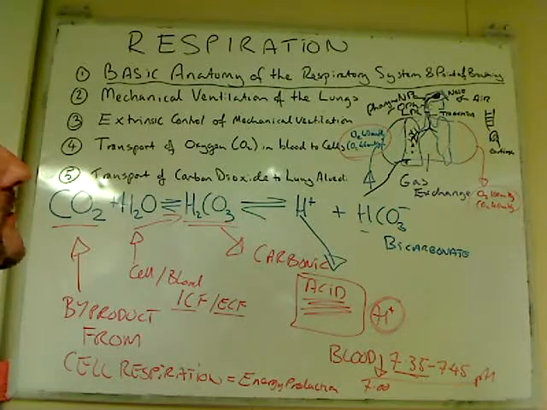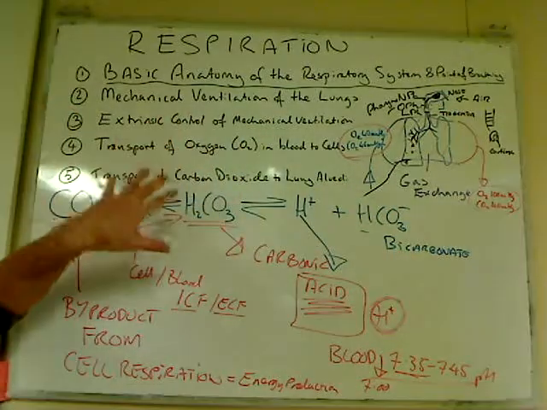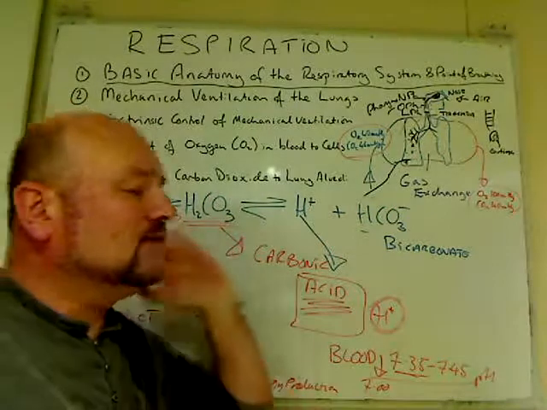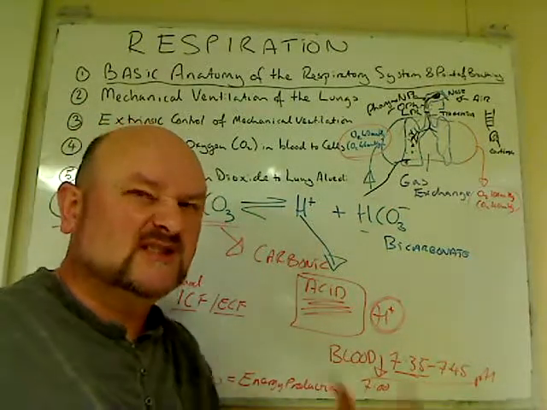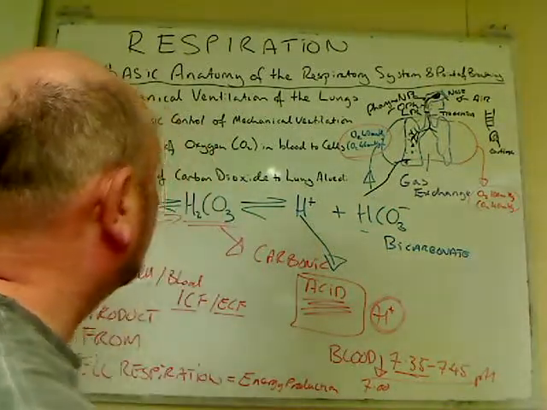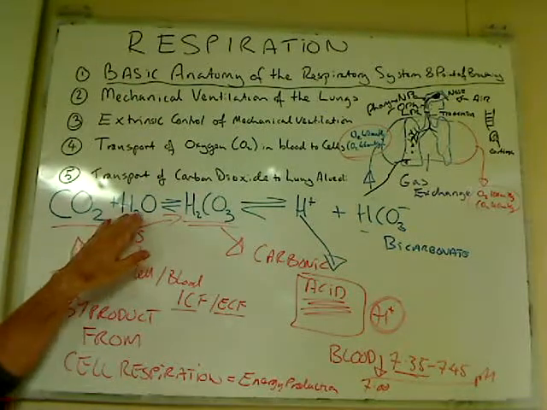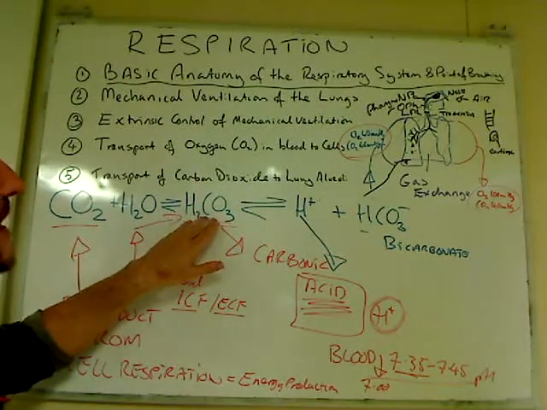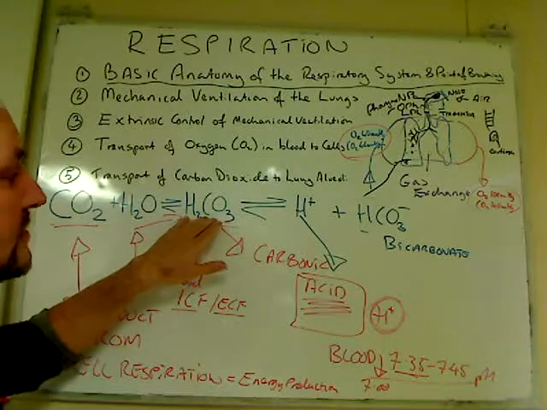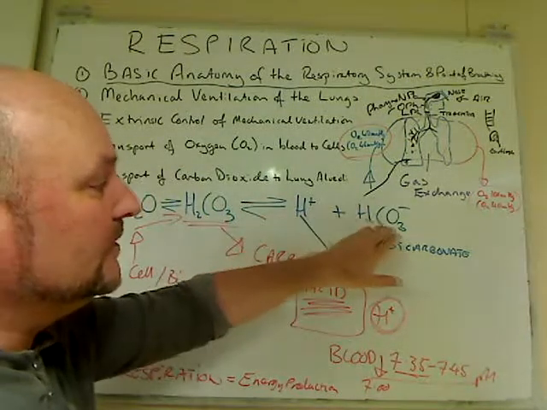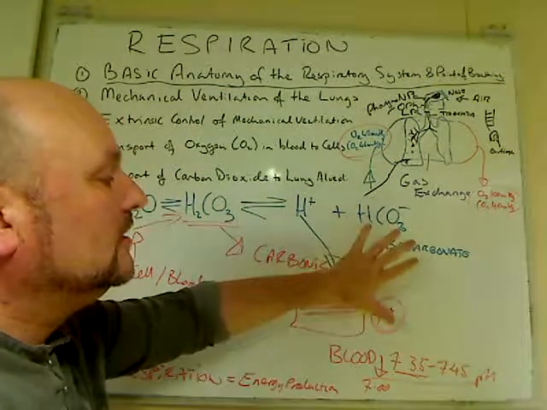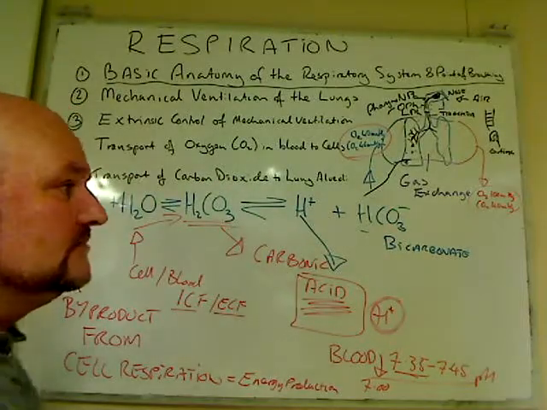And we'll see the importance of this when we start looking at transport of carbon dioxide in the lungs. But I wanted to get it up there to start with so we have some idea what we're talking about when we get there. But this equation here, CO2 plus water, goes to carbonic acid, H2CO3, dissociates to hydrogen ions, and bicarbonate is very, very important in terms of acid-base balance.